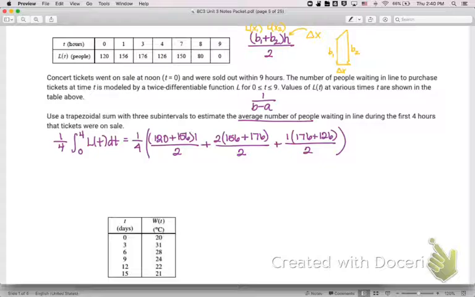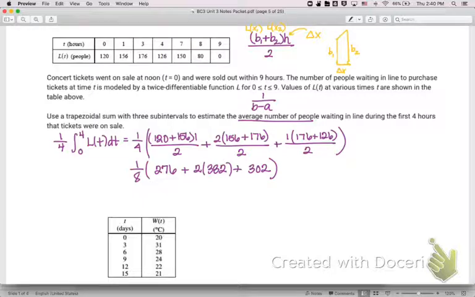Now, what I see first is that I have a 1/2 that I can factor out of all of those. So this really becomes 1/8 times 276 plus 2 times 156 plus 176, which is 332, plus 176 plus 126, which I believe is going to be 302.